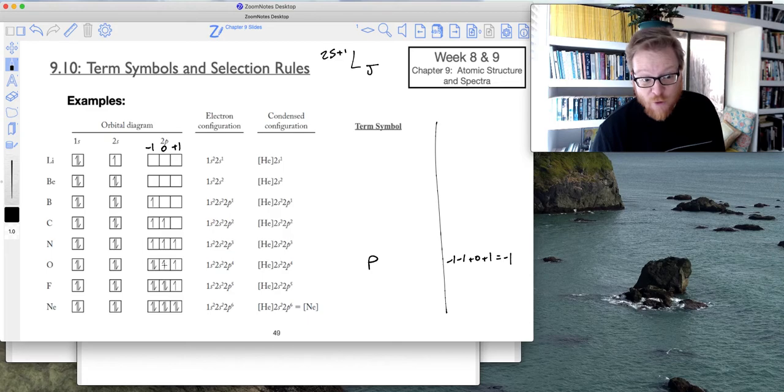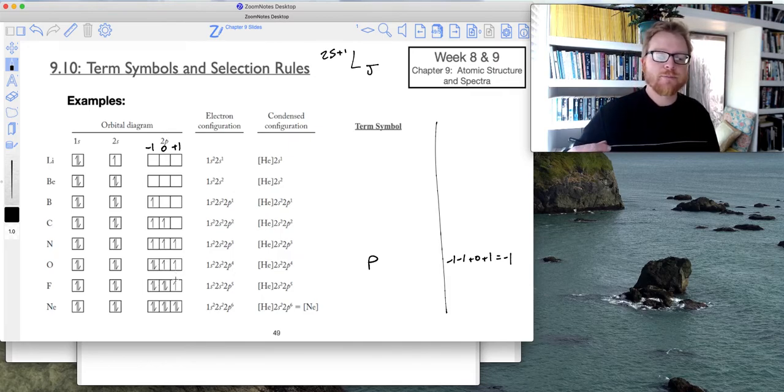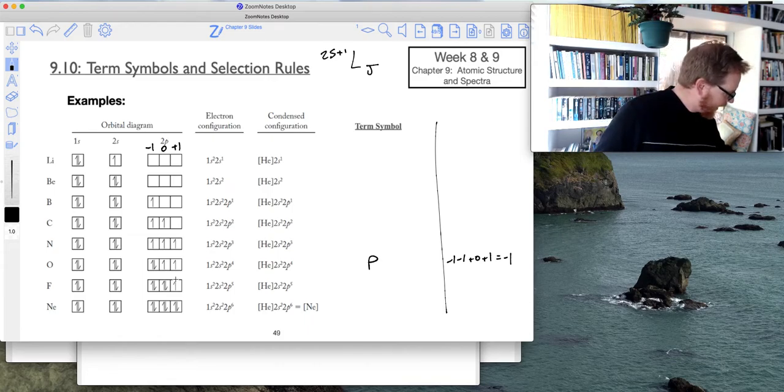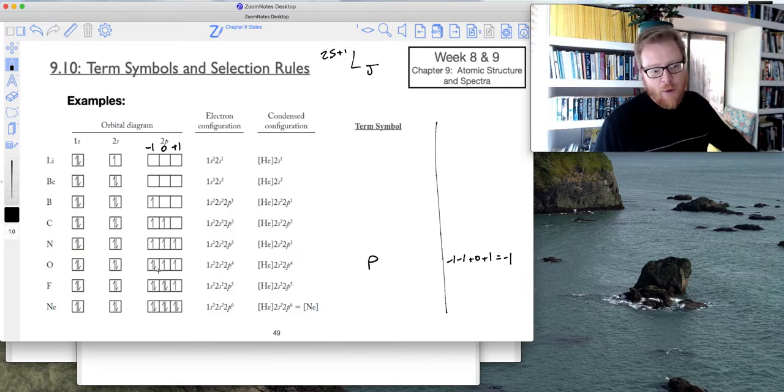What I have going on right here is 2 unpaired electrons, and those definitely correspond to a triplet state. Yes, because that would go 1/2, -1/2, which would cancel, and then +1/2 and +1/2 to give me 1. 2 times 1 plus 1 is 3.